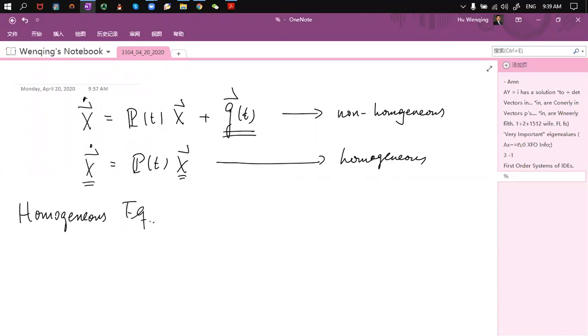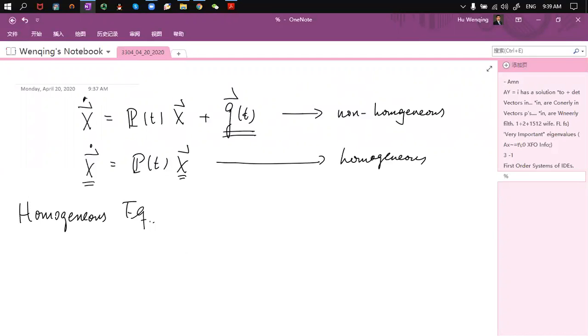Let me first ask you the following question. When we were doing the system of first order equations, the linear algebra, linear equations of higher order, in the previous chapter, what was our route? Our route is that you first know how to solve a homogeneous equation.